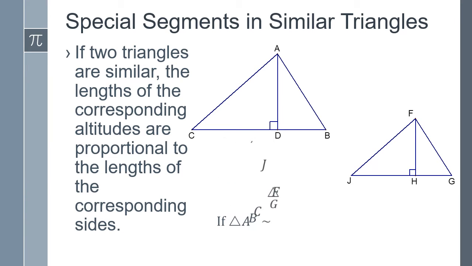All right, so if two triangles are similar, the lengths of the corresponding altitudes are proportional to the lengths of the corresponding sides. So what they're saying here is this.